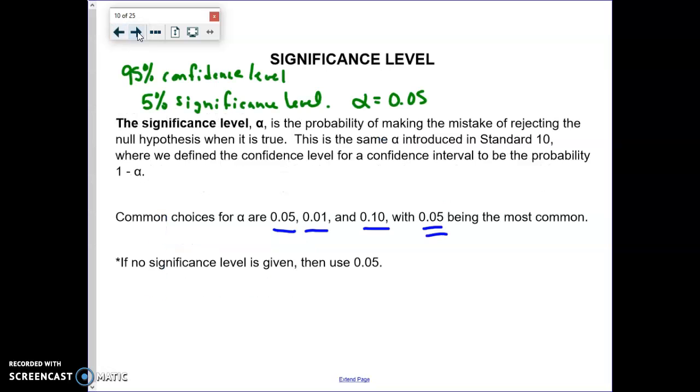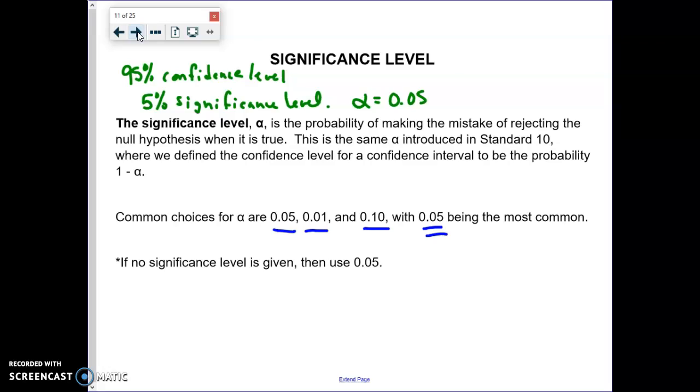Okay, so that's what alpha measures, the probability that you will actually reject the null by your sample data when it's actually true. Now, in the medical field, you can't make those types of mistakes. We call those false positives.